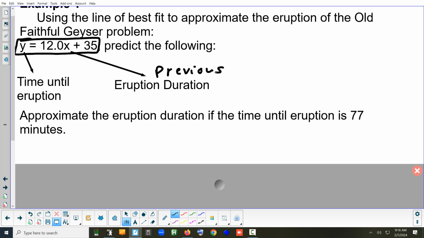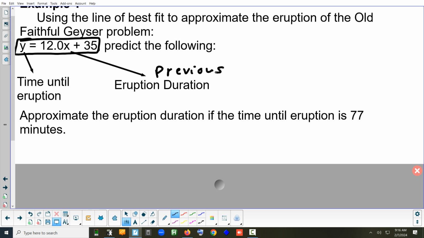So the idea here is if, let's say the last time that the geyser went off, it was a really long duration. Let's say it went off for like 20 minutes. It almost has to recharge. It's got to get ready to do its thing again. Well, if it went off for a long time, it's going to take a long time for it to charge back up.